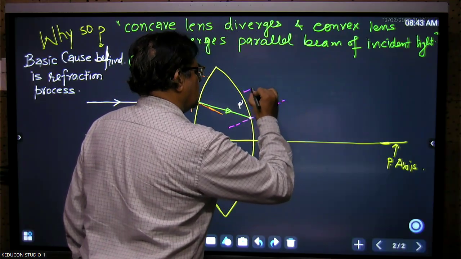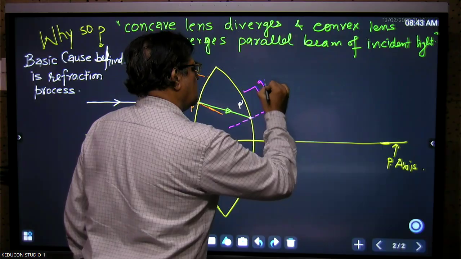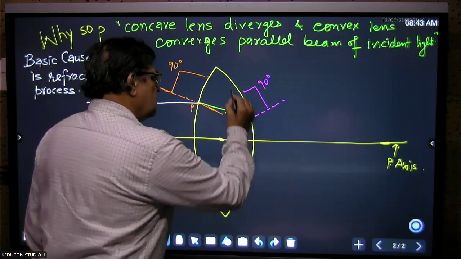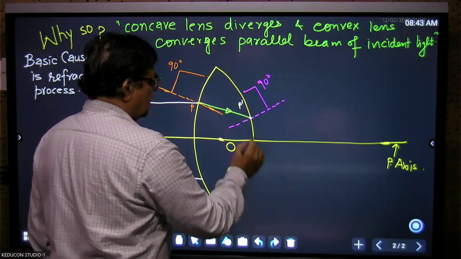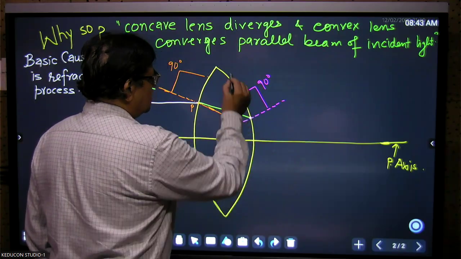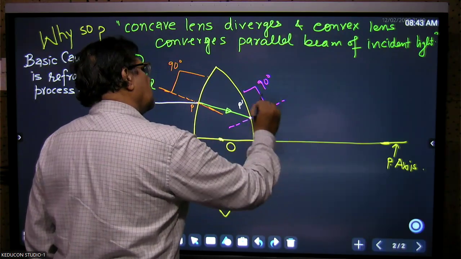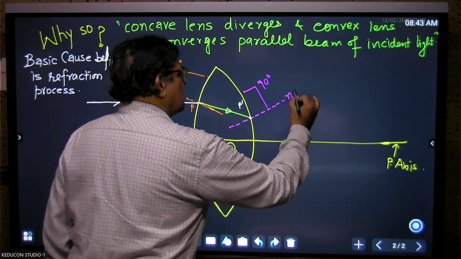It is making a 90-degree angle with the yellow line. More precisely, a tangent is drawn at the point of incidence P dash such that this dotted magenta line serves as the normal to the tangent.